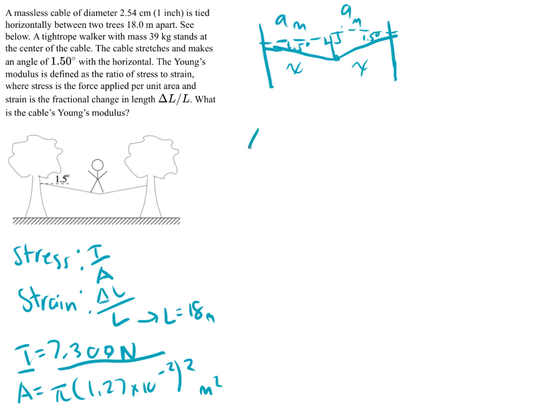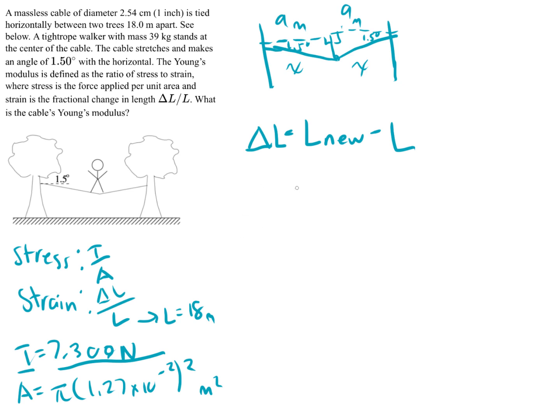So the change in L is simply equal to the new length minus the original length. From what we found earlier, the new length is 2 of these x's, where each x is 9 divided by cosine of 1.5.